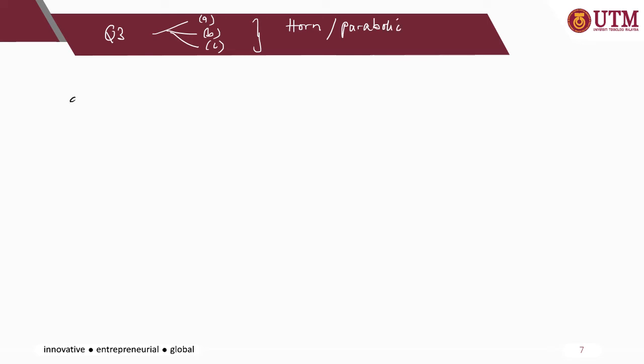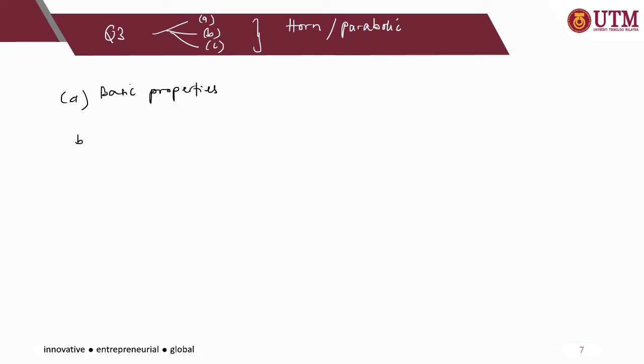So question part A, again another basic one: properties of horn and parabolic, what parameters are usually evaluated or calculated, how the performance, the advantages, the disadvantages, and etc.